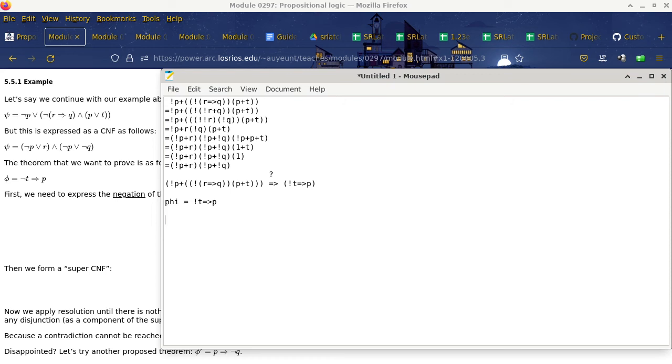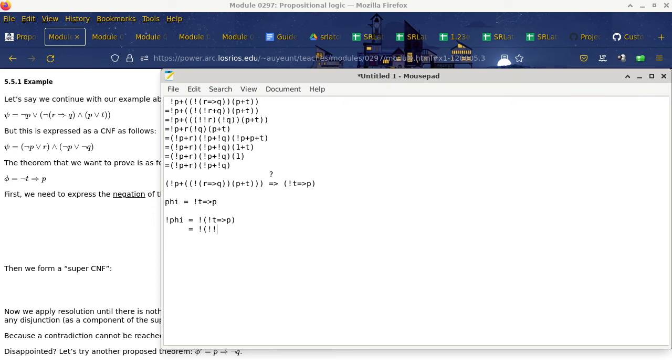So now I want to convert not phi into a CNF. We'll take a look at not phi in its original form, and now we will do the conversion. My convention is to change the implication to an or.